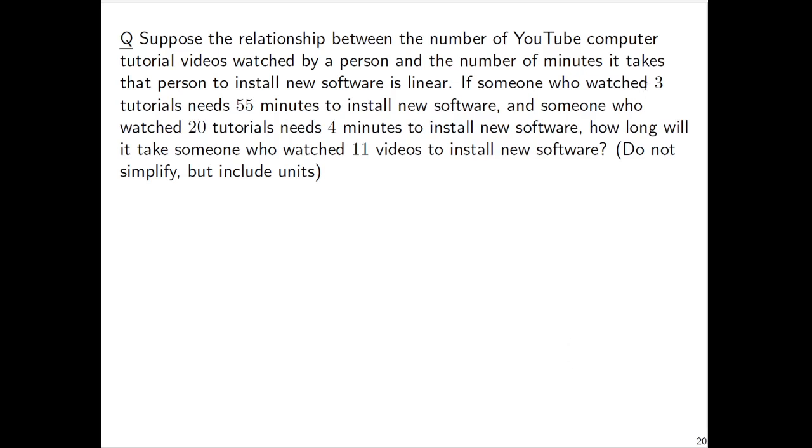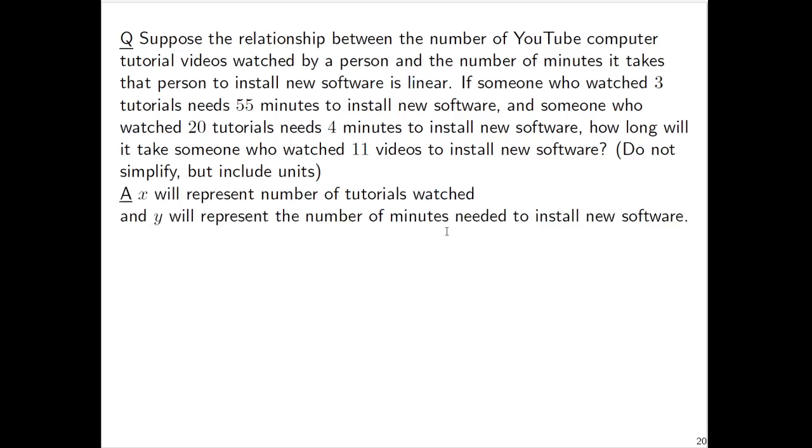And so there's the inexperienced person who's only watched 3 tutorials, and the very experienced person who's watched 20 tutorials. And now we're trying to talk about somebody whose experience is somewhere in the middle, who has watched just 11 videos. So we're going to make use of this linearness and do the interpolation. So let's have x represent the number of tutorial videos watched, and y represent the number of minutes necessary for that person to install software.